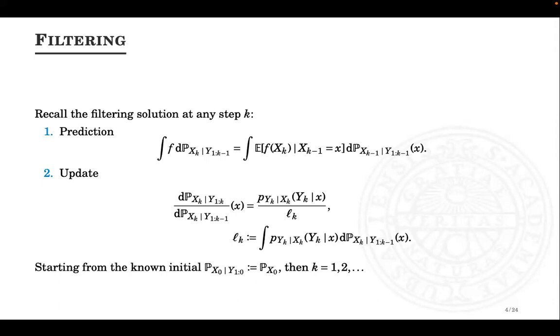Then you simply do a Bayes update. The Radon-Nikodym derivative of the filtering distribution with respect to this predictive measure is given by the likelihood function of your emission model. So we have a recursive computation. We just need to start from some initial condition and recursively run the filter.